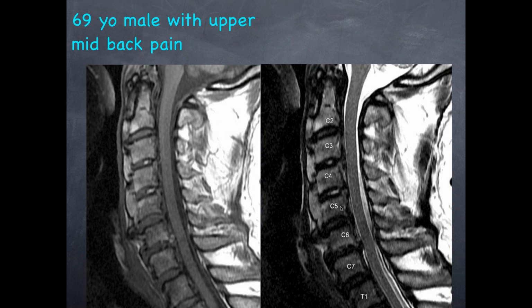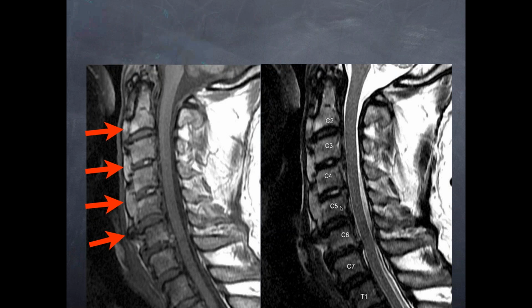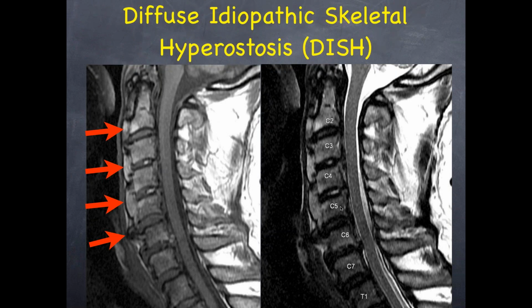Okay, so a 69-year-old male with upper mid back pain. C5-C6 and C6-C7 disc disease and changes, probably. Anterior longitudinal ligament calcification, interior disc, DISH shape. Yeah, so this is mid back, why would that be, John?